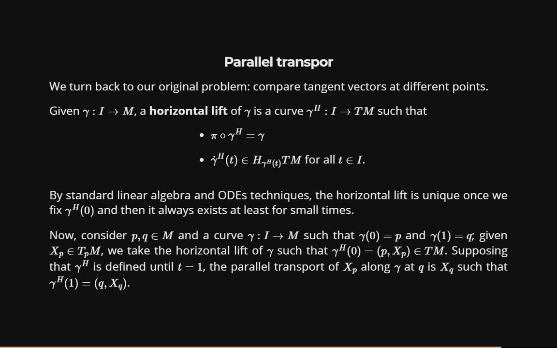Now, consider 2 points and suppose that you have a curve between them that you can lift. So for this curve, there exists the horizontal lift from 0 to 1. Now you choose also a vector at P, and you take the unique lift that starts at (P, xp). You follow it. It's always horizontal, so the tangent vector is always in the horizontal distribution. You follow it, and you end up above Q. So you end up at something which is (Q, xq), let's say.